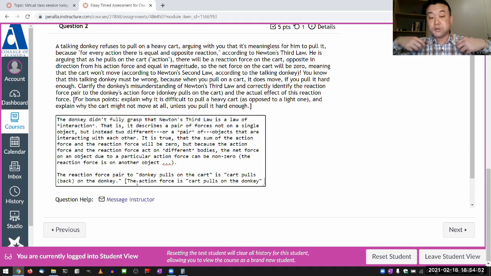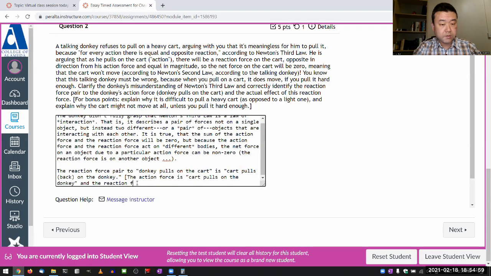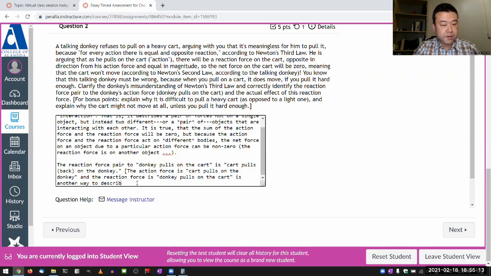And the reaction force is the donkey pulls on the cart, because the cart is pulling back on the donkey. The reaction is that the donkey ends up pulling on the cart. That is another way to describe the same interaction.